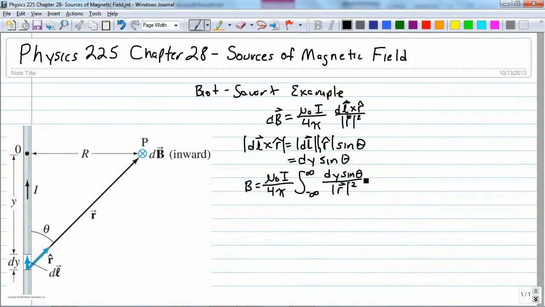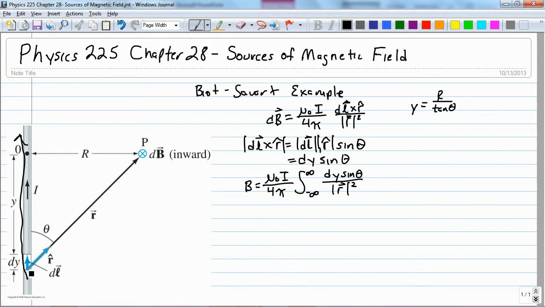So now I have a problem because I have a sine theta. Theta is going to be changing as I integrate along this path. And then I have this differential y, and I need to get this in terms of one of those variables. So let's take a look at a trigonometric function, and I can say that y is equal to r over tangent theta.